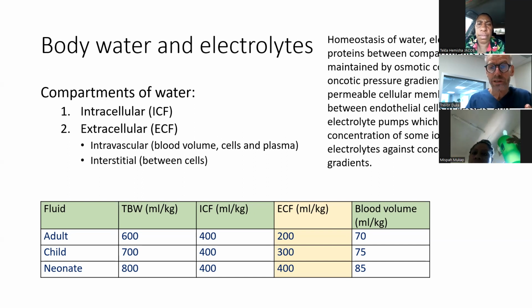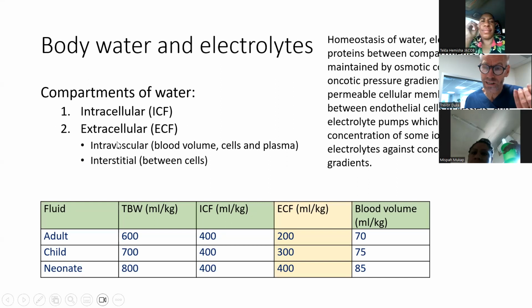So between the cellular membranes, the electrolyte pumps, and the osmotic and oncotic pressure, they're all the things that keep the body water in the state of equilibrium that it's usually in. These proportions of fluid in the intracellular, extracellular, intravascular, and interstitial space remain remarkably constant, although they change with age.